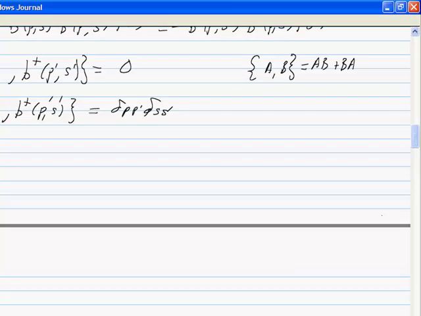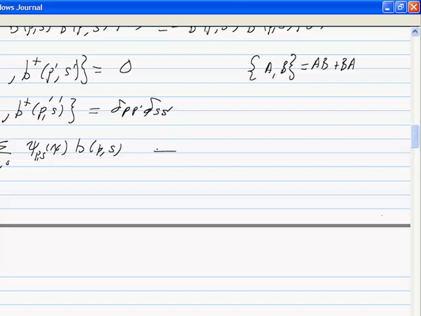Everything else sort of is the same. We'd still write psi of x and t in terms of solutions, sum over P and S, psi of P, S, x wave functions times B of P and S. So you do the same construction as before.